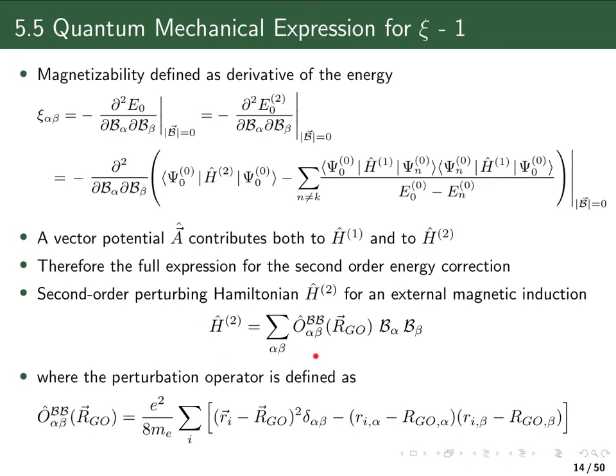And that is done in here. You do that in the exercise, but it's also done here. So we here have the two components of the external magnetic field and the part of the operator, which we call the perturbation operator, which only depends on properties of the electrons, written up here.